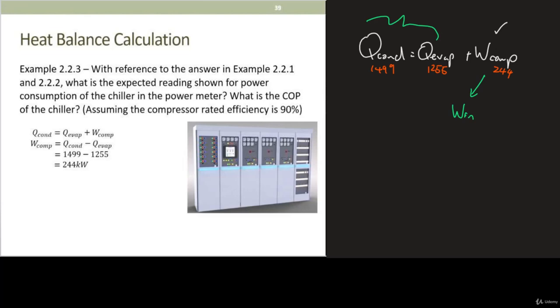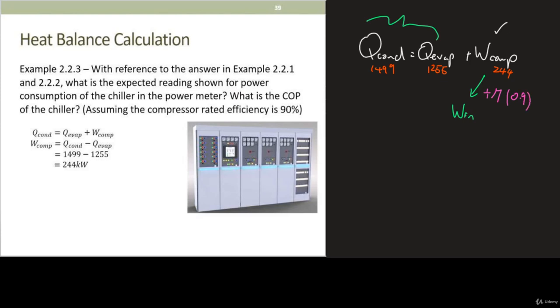That is the useful work done by your compressor inside the chiller. But to find how much power is actually being drawn, you will need to take into account the compressor efficiency. So still remember the formula, W in is equal to WCOM divided by compressor efficiency. If you use this same formula, you will take 244 divided by the compressor efficiency, which is given to be 90%.